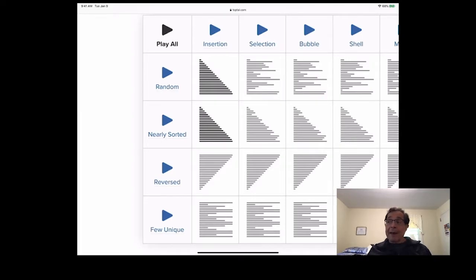I think there is a faster algorithm than insertion sort for an input that is nearly sorted. That means there's only a few elements that are out of place, and you need to put them back in order. But that requires you to sort the whole file.